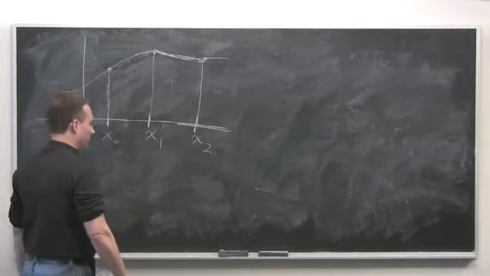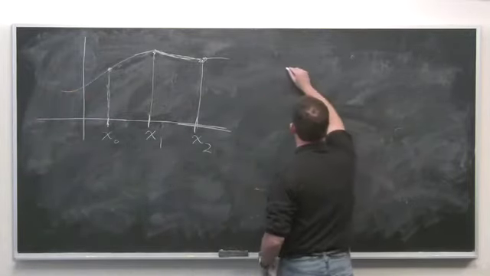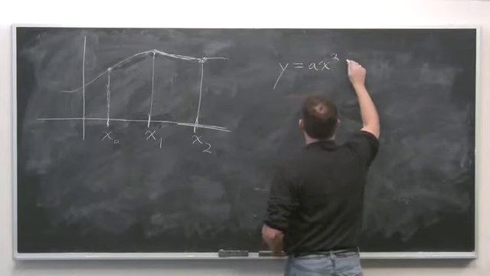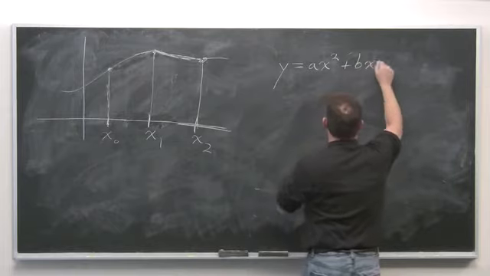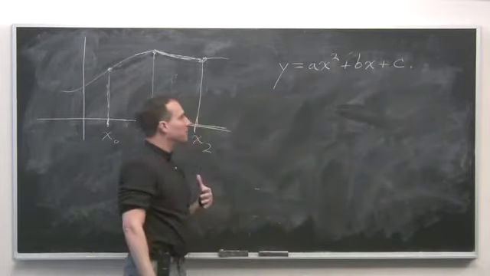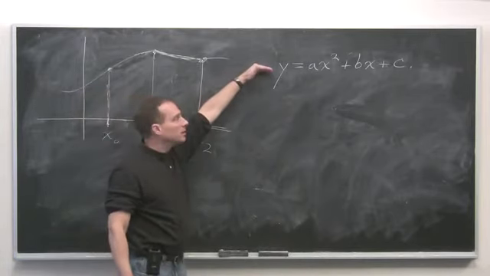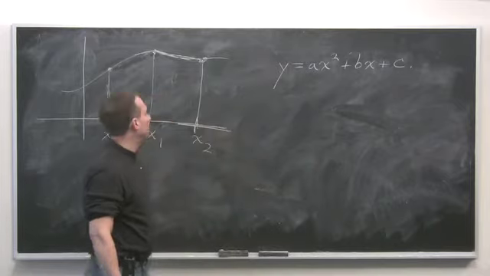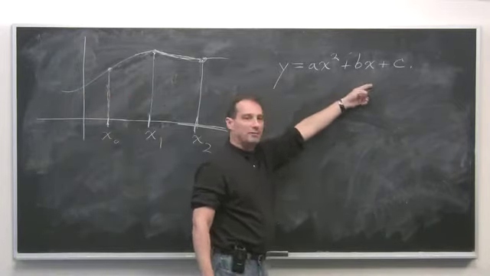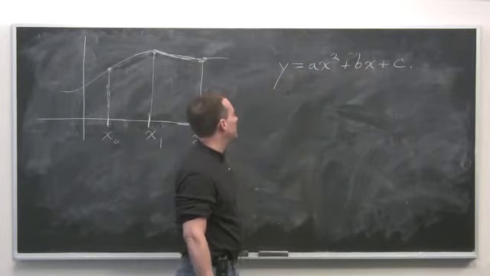The general equation for a parabola, or possibly a parabola, since it's true that a could be 0 here, is this. And what I'm claiming is that 3 points determine what A, B, and C have to be. If you want 3 points to satisfy this, that determines A, B, and C.